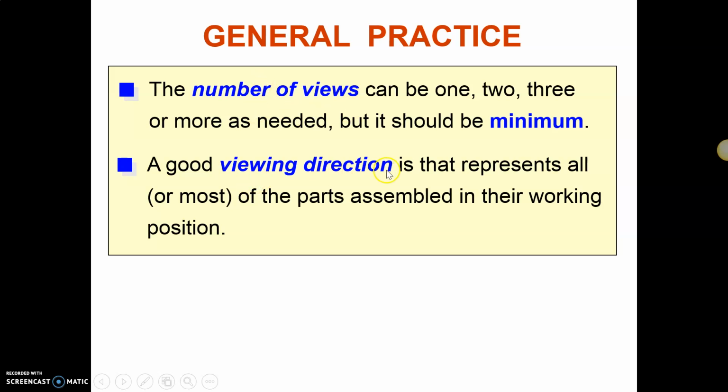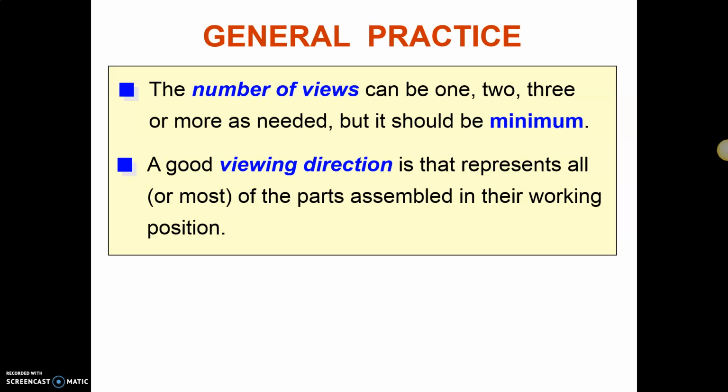And a good viewing direction is one that can represent all of the parts assembled in their working position. That means if we combine all the parts together to make the assembly drawing, the viewing direction should consist of a view that can represent all the parts.